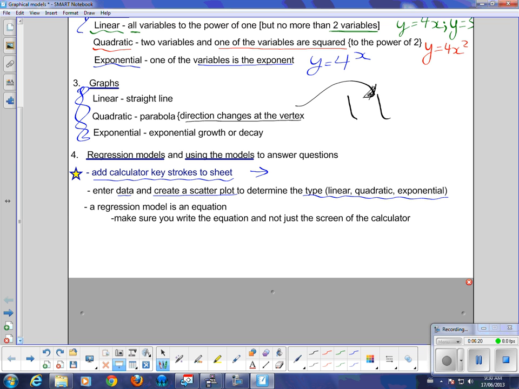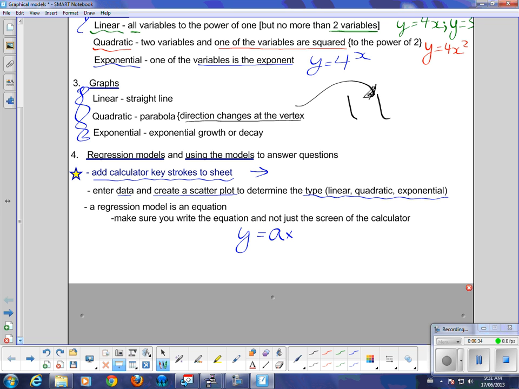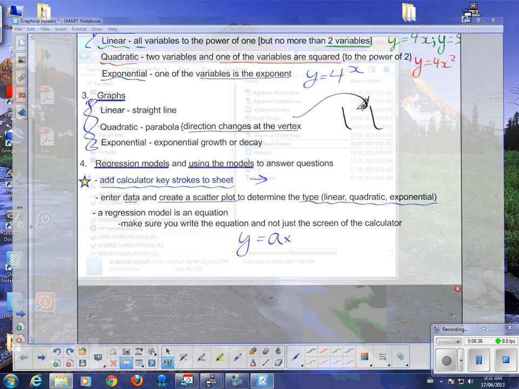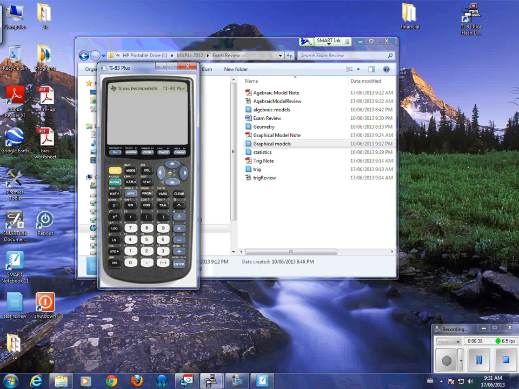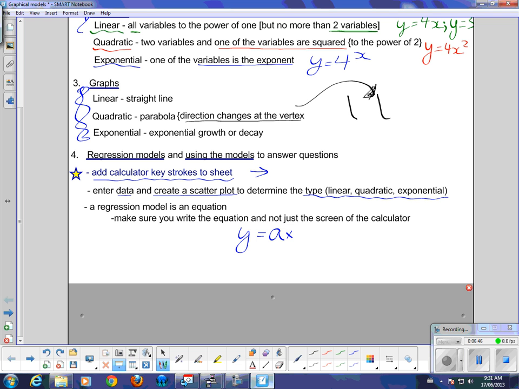After you've done that, make sure that you know how to make a regression model of that equation. And don't just give me the screenshot. If you chose, for instance, linear, the screenshot shows ax plus b.